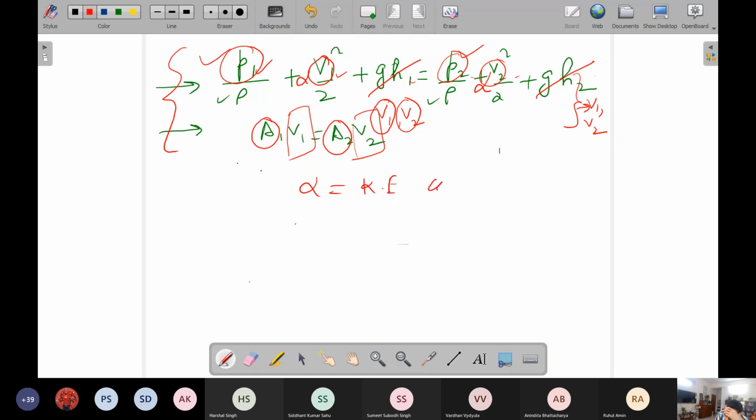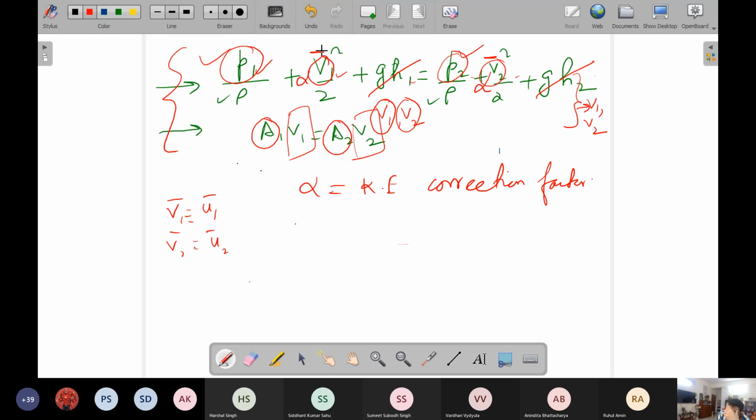What this term physically represents is kinetic energy, but the kinetic energy is not uniform over the entire section because of the velocity variation over the section. So to accommodate that, you now consider V1 average and V2 average. V1 average is U1 average in terms of our derivation, and V2 average is U2 average.